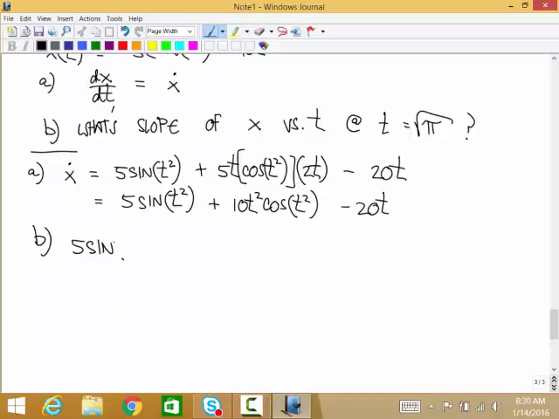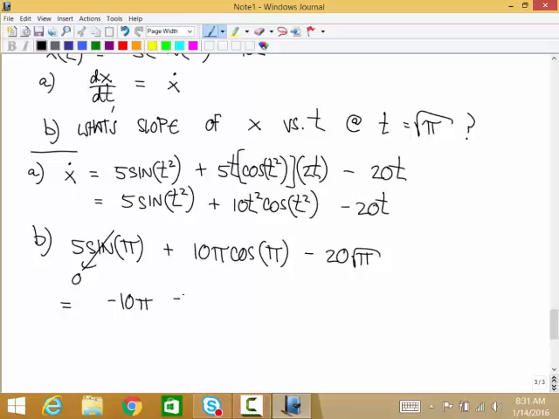We have 5 sine of pi plus 10 pi times cosine of pi minus 20 times root pi. And what do we get for these? This one is 0. And so let's see, cosine of pi is -1, so we get -10 pi minus 20 root pi.